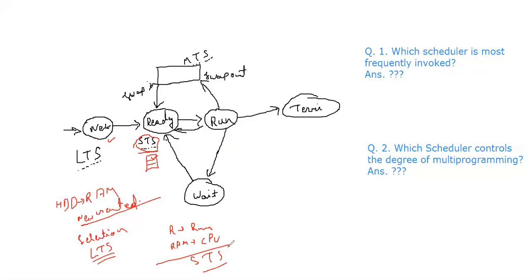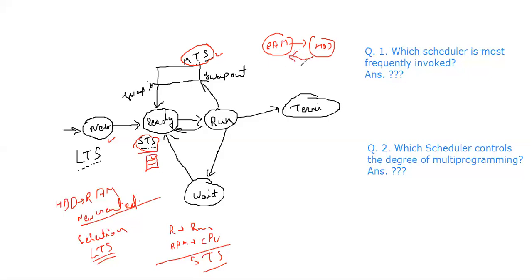Now the third one which we had picked, that is mid-term scheduler, and we had identified that this is quite complicated. Generally, we get confused where mid-term scheduler is utilized. So mid-term scheduler is used to schedule processes which, suppose, you have sent out from RAM to the hard disk, and now you want to bring those processes into RAM again.